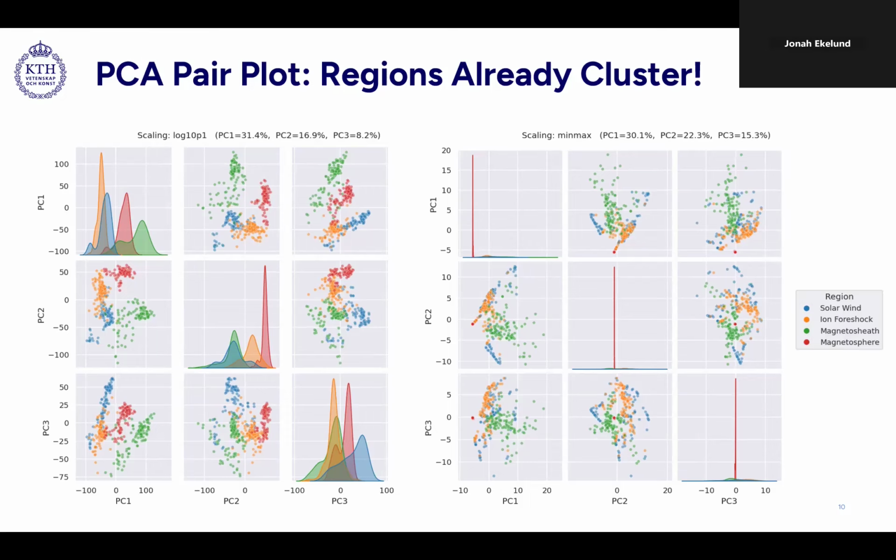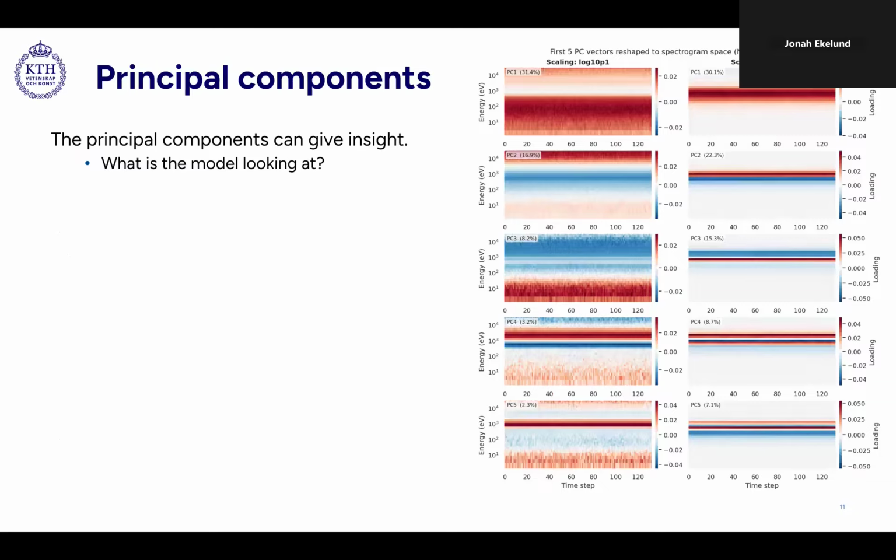I'm not going to go so much into this, but the interesting part with using PCA is that you can look at the principal components it finds to use for the vector for the transform down to your reduced feature space. Technically they are flat, but you can reshape them into your spectrum shape, and you can start to look at what parts of the spectrum the model is actually looking at, and compare the differences between the min-max and the log scaling.